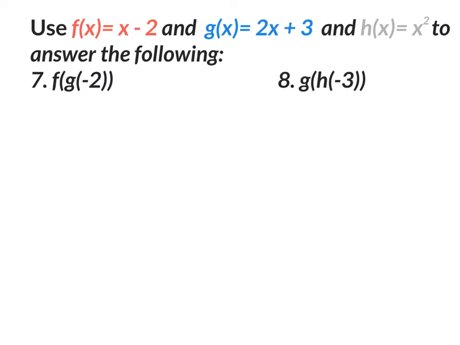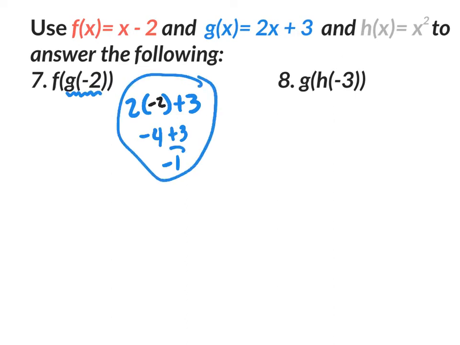Let me actually demonstrate that. You should show your work when you're doing this. So I'm going to plug the -2 into that blue function g of x, and I will get -4 plus 3, which is -1. Good? So we can conclude that g of -2 is really -1. So what we really have here is f of -1.